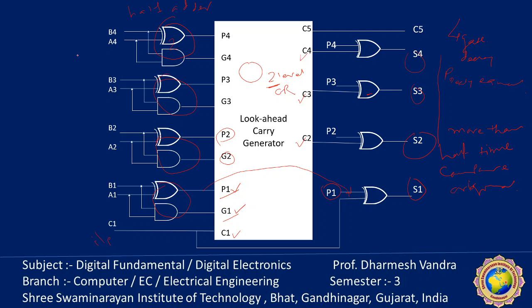Remember, how much delay time is required? At level 1, all outputs are generated at the same time. Then there is a two-level circuit, and then another one level. So 1 plus 2 plus 1, that is 4 gate delays, are required to generate S4, S3, S2 and S1.